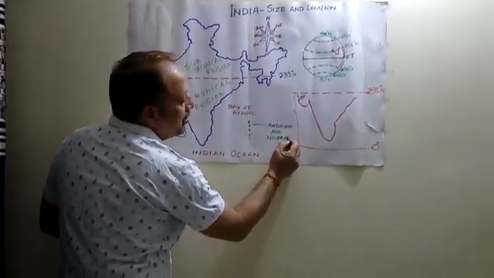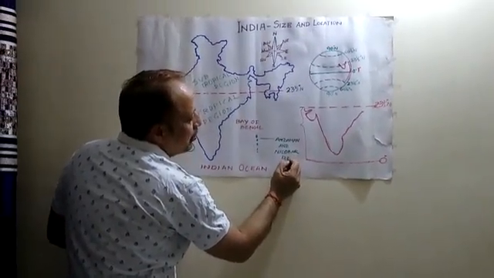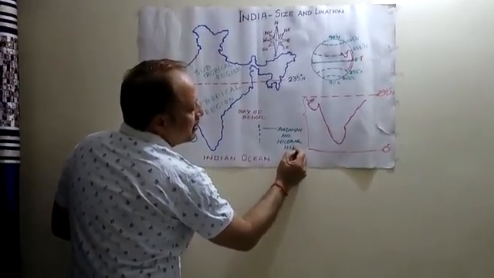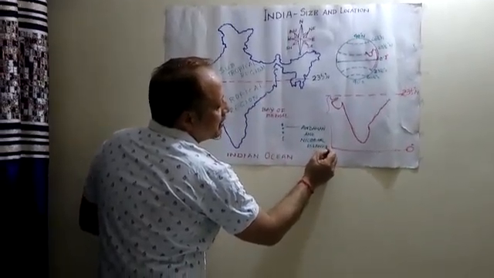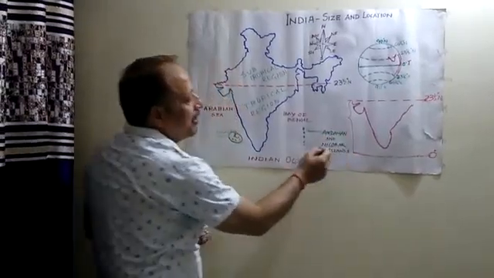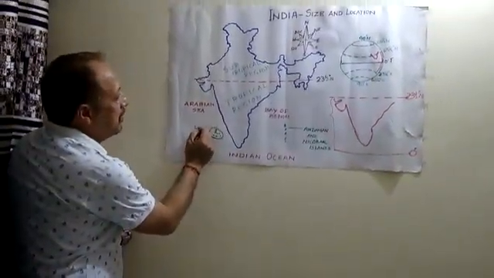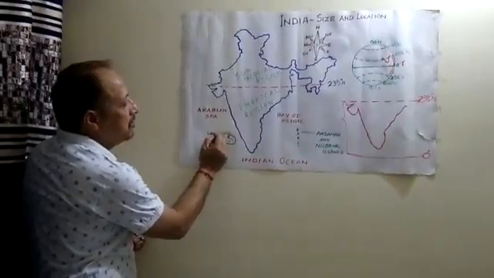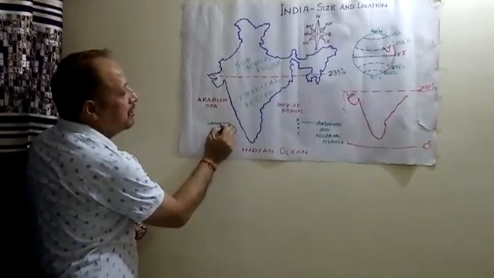They are also called volcanic islands, because here we find a volcano in Barren Island. So these are called volcanic islands.